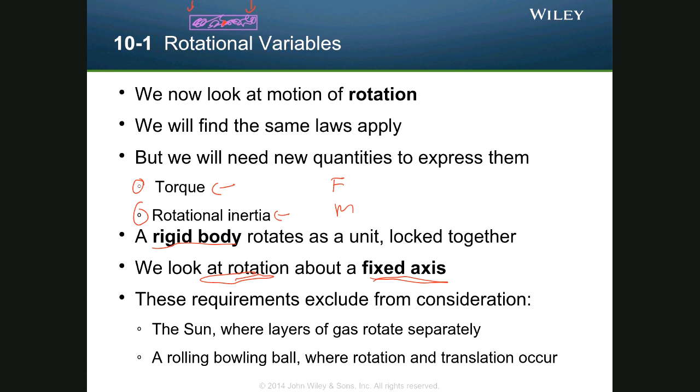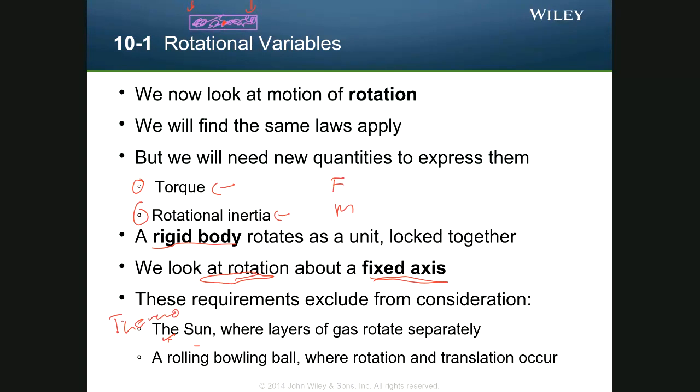Things we will not consider is the sun, which is complicated. The sun has layers of gas that rotate separately and rotate differently, and gas is not a rigid body. This would be your chapters on gas, so if we get to thermo, you'd cover this there.